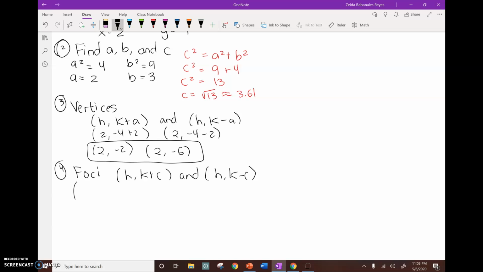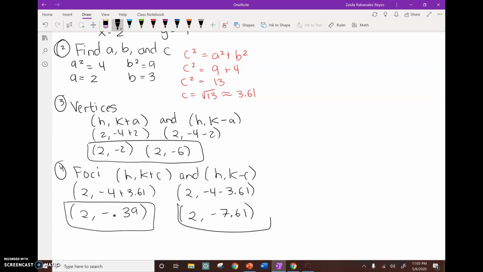So then I have 2 comma negative 4 plus 3.61 and 2 comma negative 4 minus 3.61. So then that gives me 2 comma negative 0.39 and 2 comma negative 7.61. And then these are my 2 focus points.